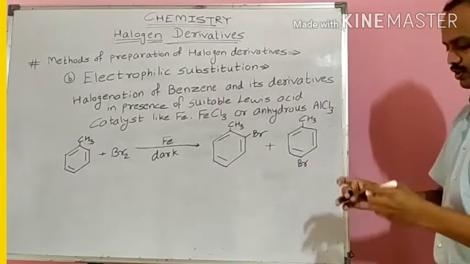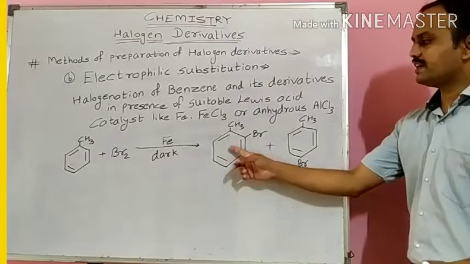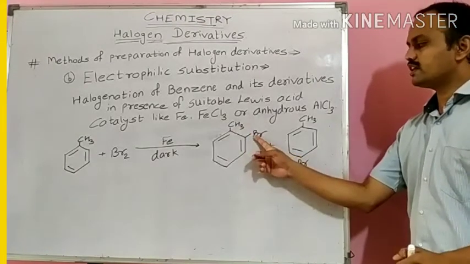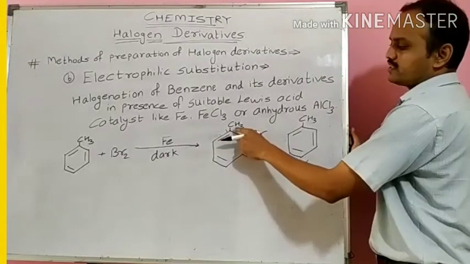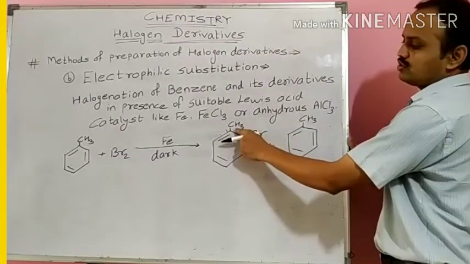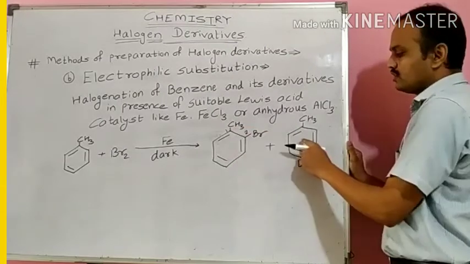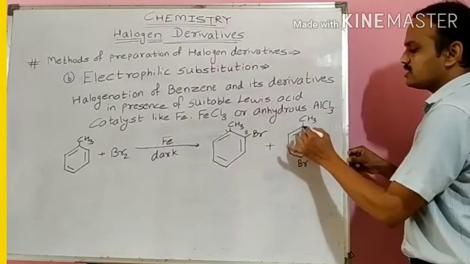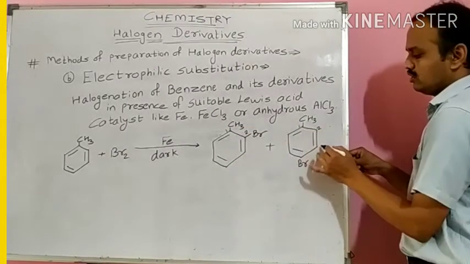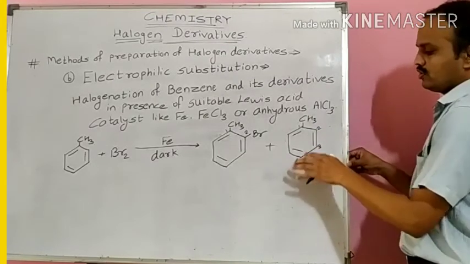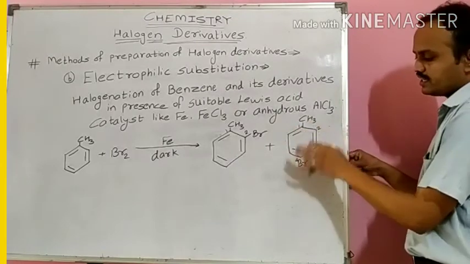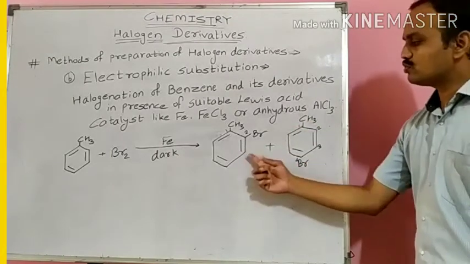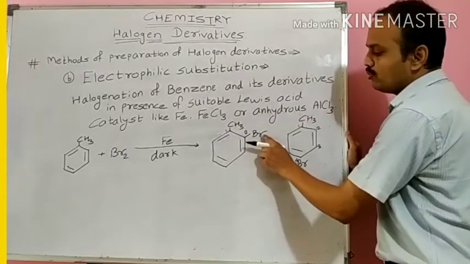Names of these compounds: the parent is toluene, and the bromine atom is present on the second carbon as compared to the position on which CH3 is attached. Here the bromine atom is present on carbon number 4 as compared to the carbon on which CH3 is attached. So the name of these two products will be 2-bromo, with the bromine atom on the second carbon.